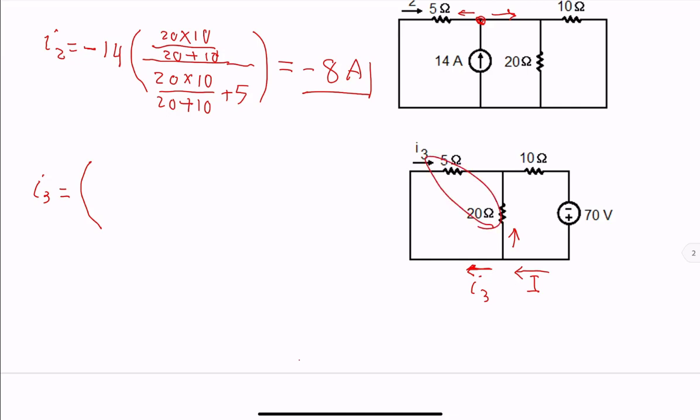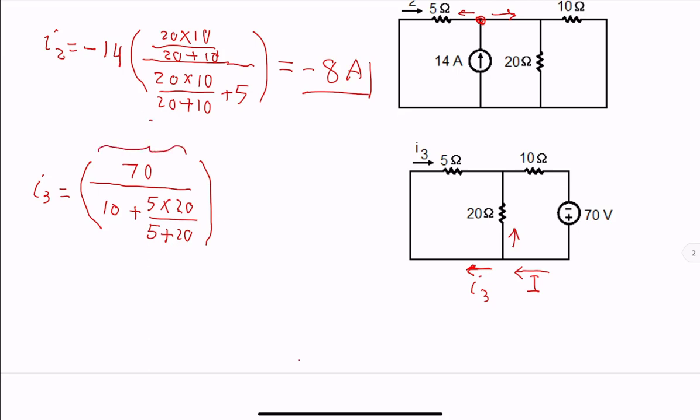Now these two can be combined in parallel and put in series with the 10 ohm on the top. So divide 70 by 10 plus 5 and 20 in parallel, 5 times 20 divided by 5 plus 20, and that gives us current I.